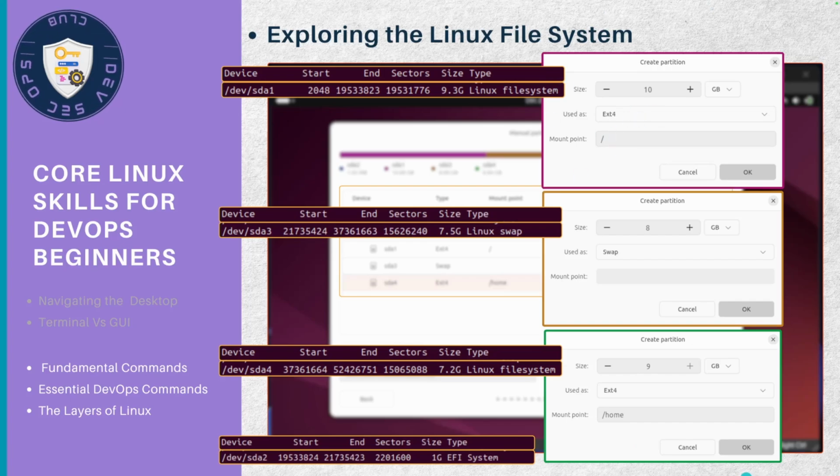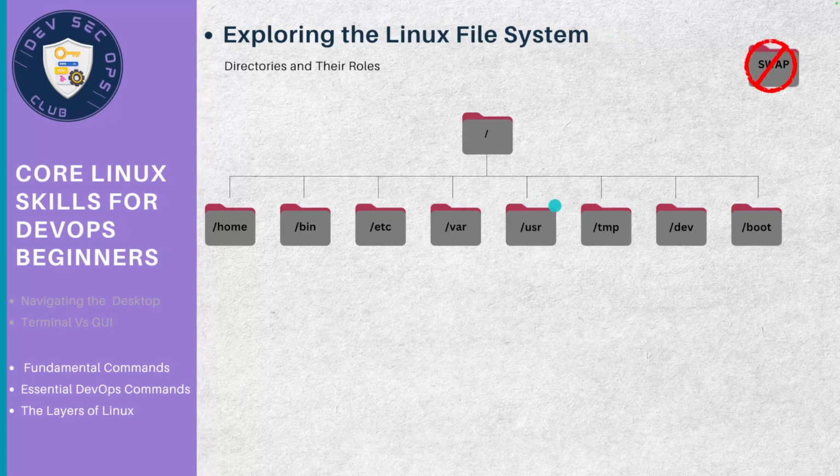So in our directory structure, this is called the top level or the root directory. Always remember, this is our top level or root directory. That's why this is a mount point when we set our slash.